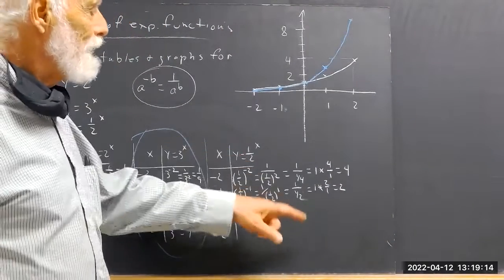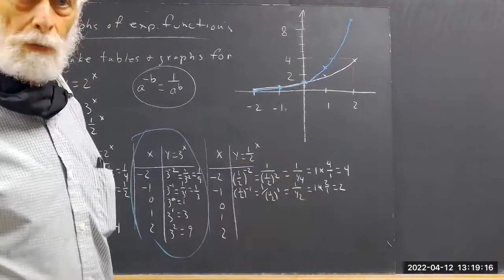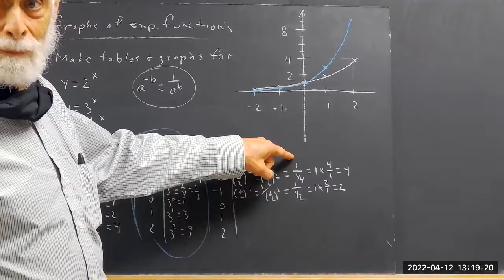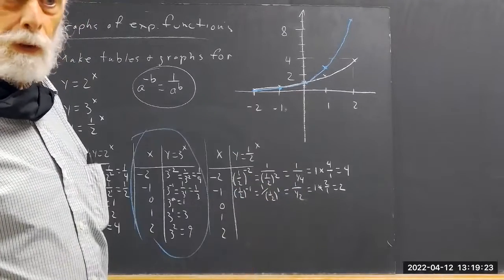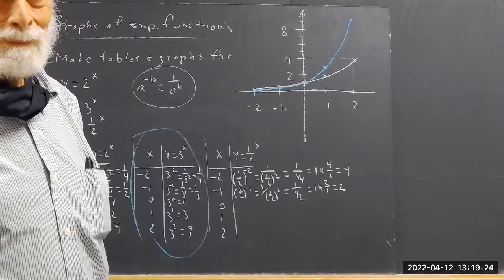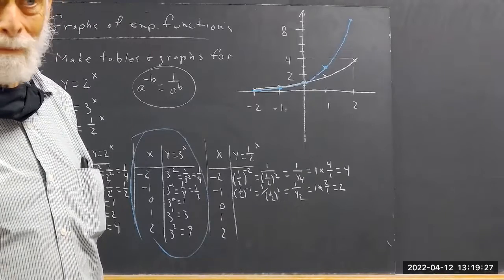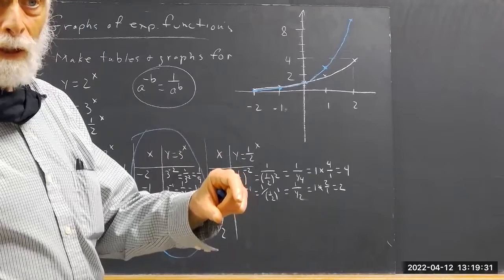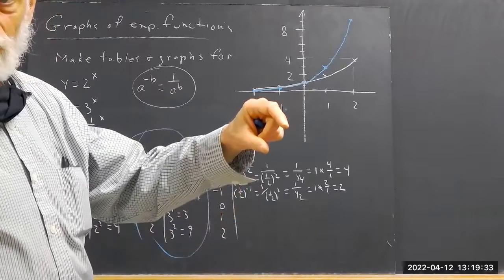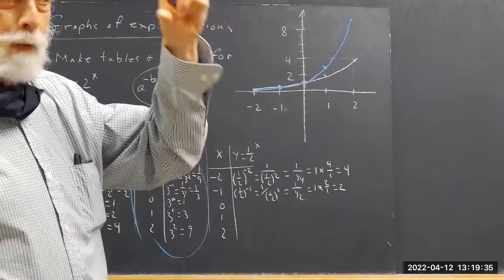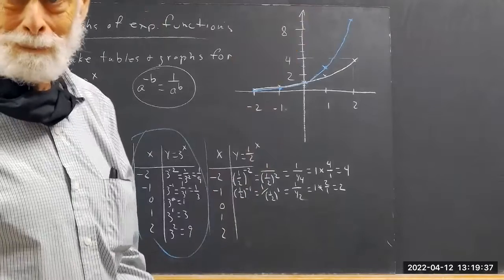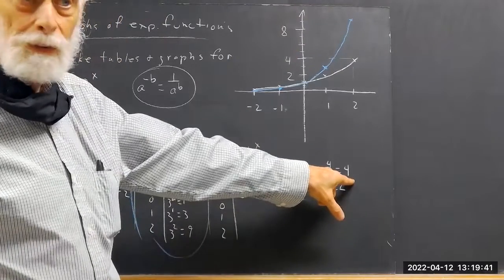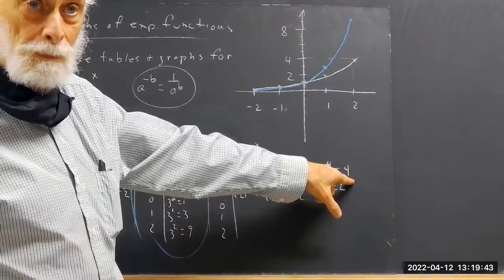And really, all 1 divided by 1/4 is saying is, how many 1/4s do you need to make 1? How many quarters do you need to make $1? So you got 1/4, another 1/4 gives you 1/2, another gives you 3/4, another gives you 4/4, which is 1. So you can count to 1 by 1/4s, and you need 4 of them. That's all this calculation tells you.